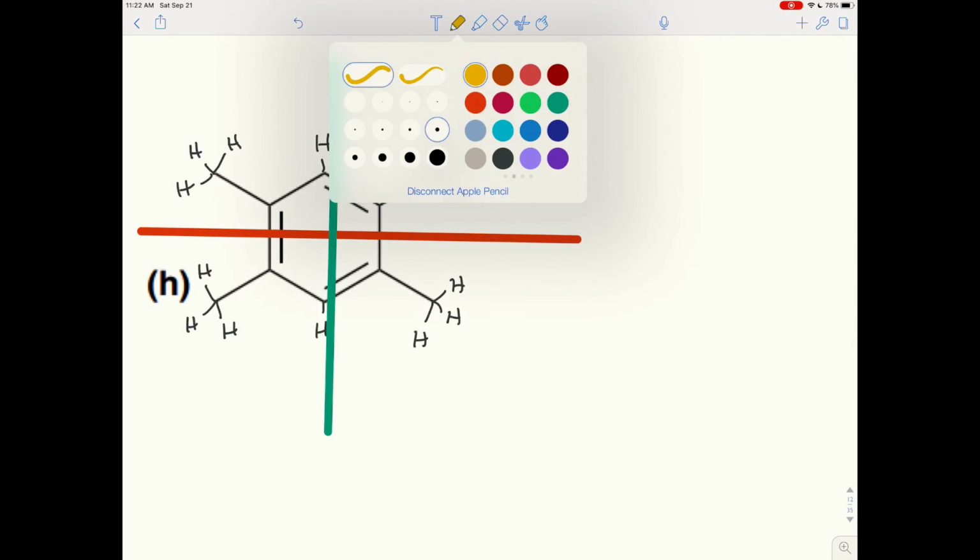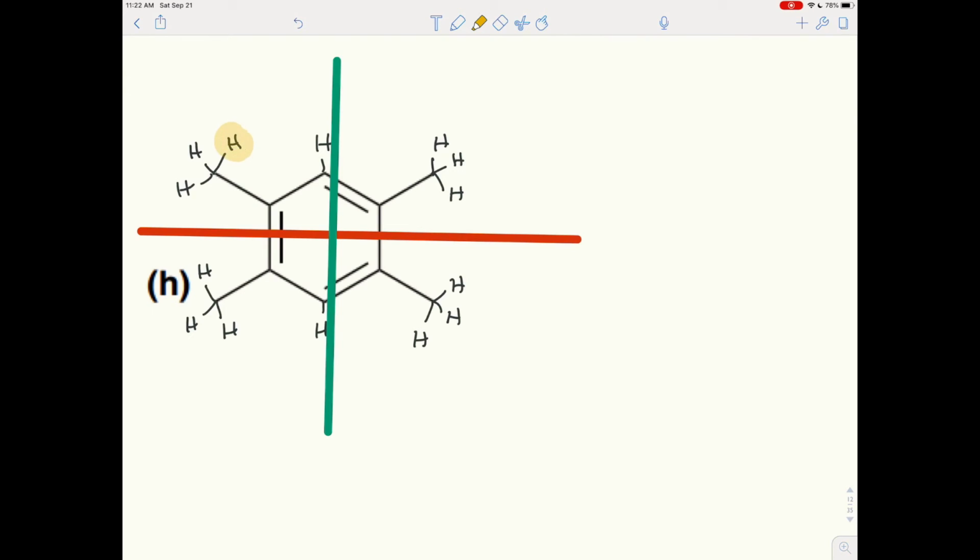Now let's think about these hydrogens one at a time. Each of these 3 hydrogens, all 3 of them, have the whole molecule on one side, nothing on the other. So they're in the same electronic environment as each other. So that'll be our first signal. But because of that orange line of symmetry, the hydrogens on the other side of it are also in the same signal.